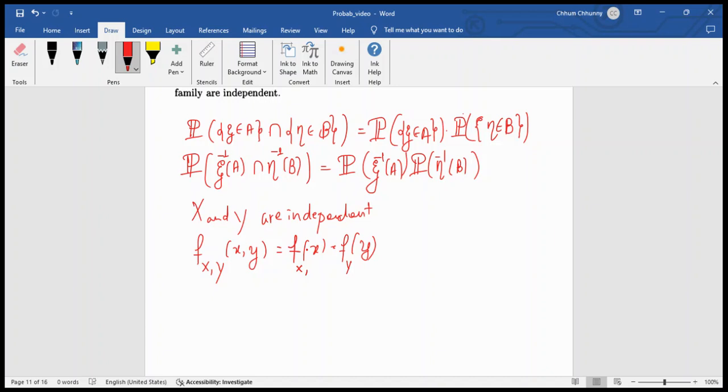But if they are not independent random variables, we cannot use this identity. And also there are some consequences from this definition, like the covariance of two random variables equals 0 in the case that they are independent, and expectation, something like that. But I think it's beyond the scope of this video.